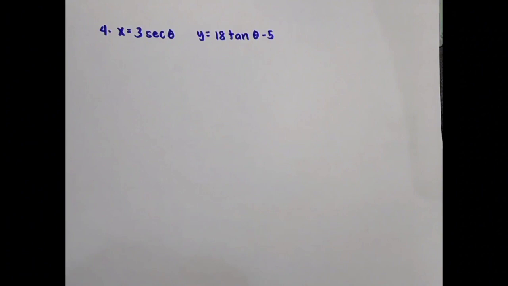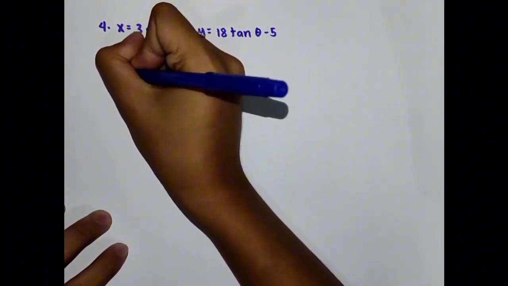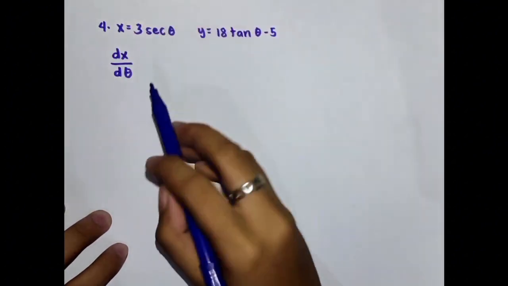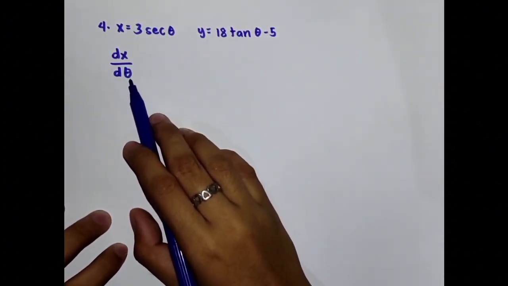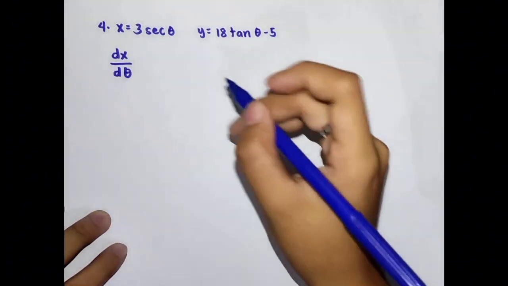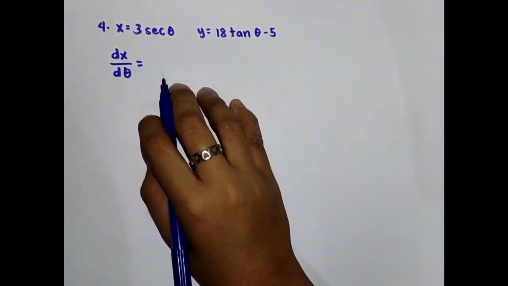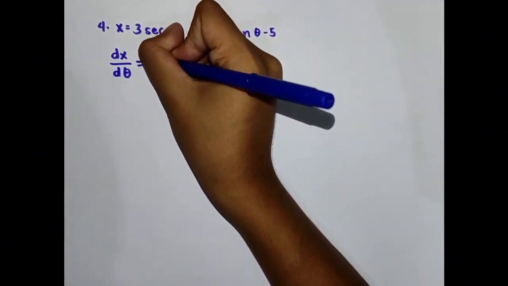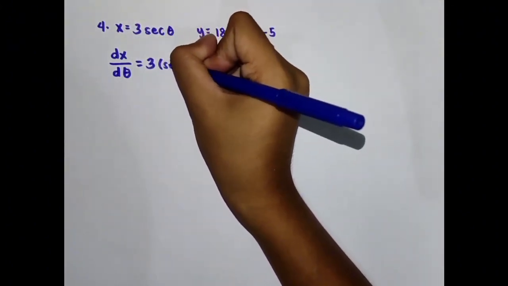Guys, try answering this fourth problem involving trigonometric functions. Comment down your answers. Let's solve it. Let's derive x, dx over d theta, because we're going to differentiate x with respect to the third variable being used, which is theta. Copy 3.